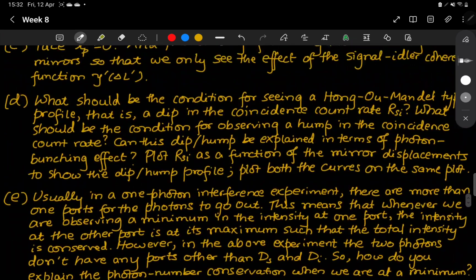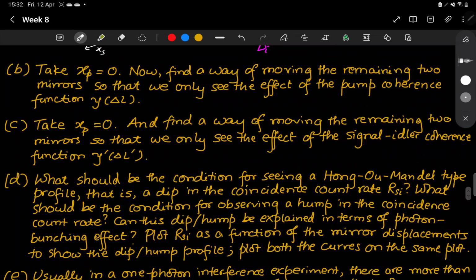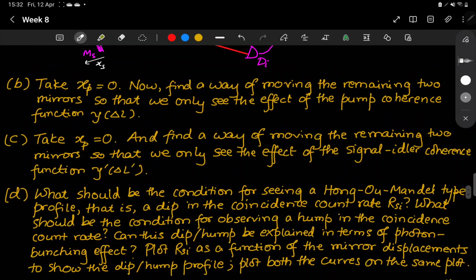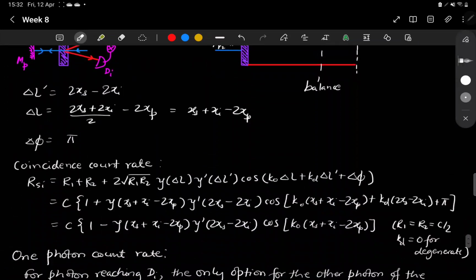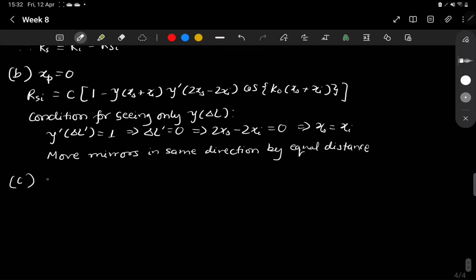Part C is to again take xp equals 0, and this time we want to find a way of moving the remaining 2 mirrors so that we only see the effect of gamma prime delta L prime. So again xp equals 0.